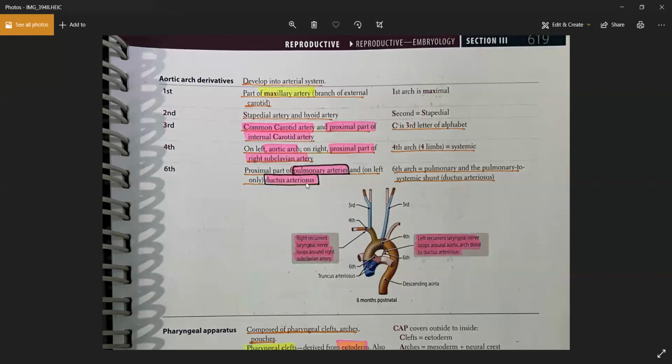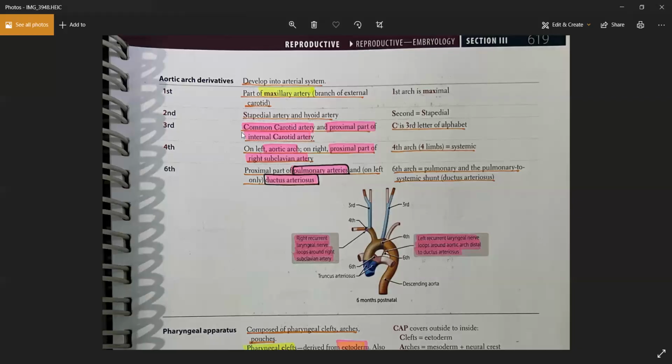So Step 1 can give you a patient having a patent ductus arteriosus and ask from which structure the ductus arteriosus is derived. It will be the sixth arch. Similarly, they can give you a stenosis in the right subclavian artery and ask from which structure it is derived. It will be the fourth arch.